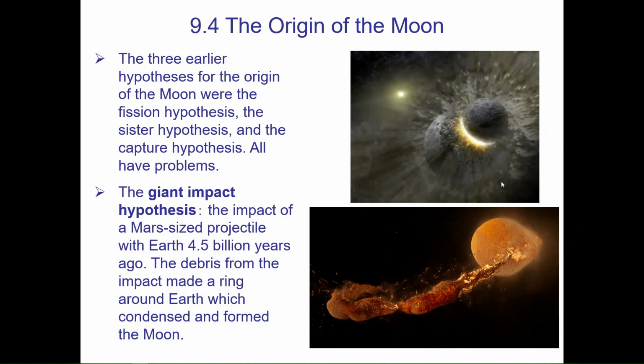The next question we will answer is the origin of the moon. If you look at the moon, it's actually a very special existence. Among the 4 terrestrial planets, Mercury, Venus, Earth, and Mars, there is no moon for Mercury and Venus.